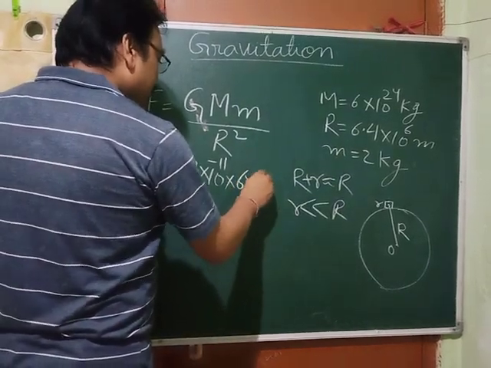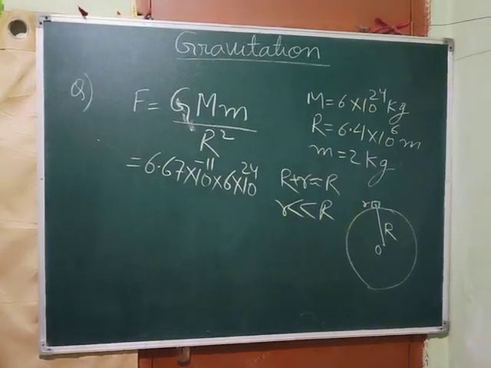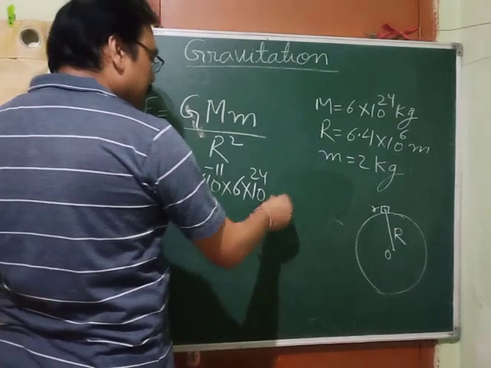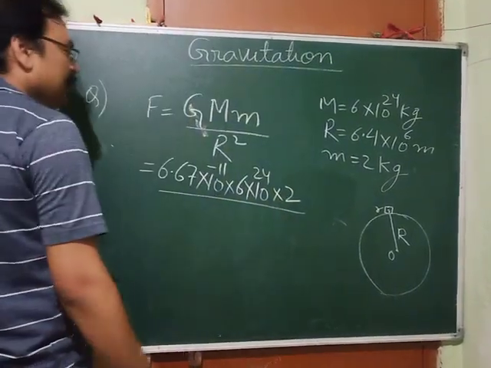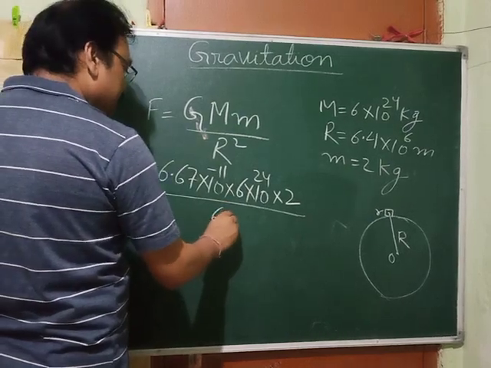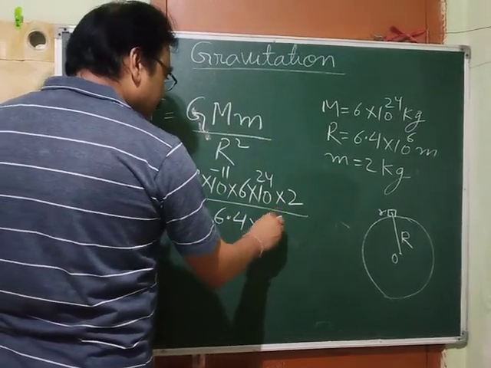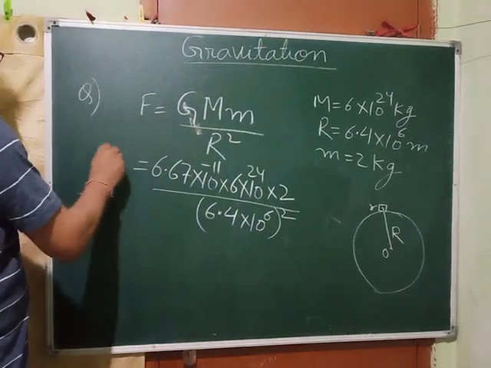What is the mass of the object? It is 2 kg. So we can write into 2, upon the radius of the earth, 6.4 into 10 raised to the power 6, squared. Now this is the force.